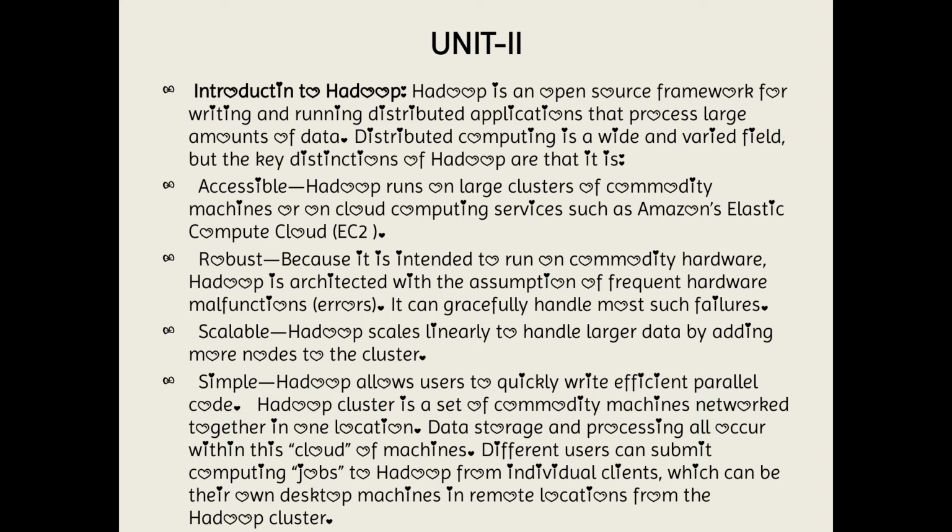The commodity hardware is a word related to simple, which means any software or any application can run on that system or laptop. That is known as commodity hardware. So that is robust. So first one is about accessible, robust, and next scalable.